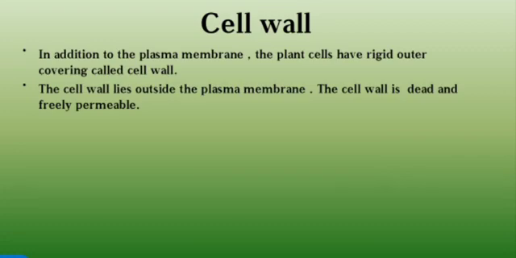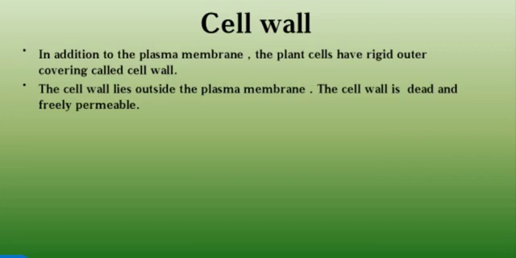Here the cell wall is present outside the plasma membrane, and the cell wall contains dead cells and it is freely permeable. Freely permeable means, as we already discussed about permeability, it allows all the substances to enter into the cell.